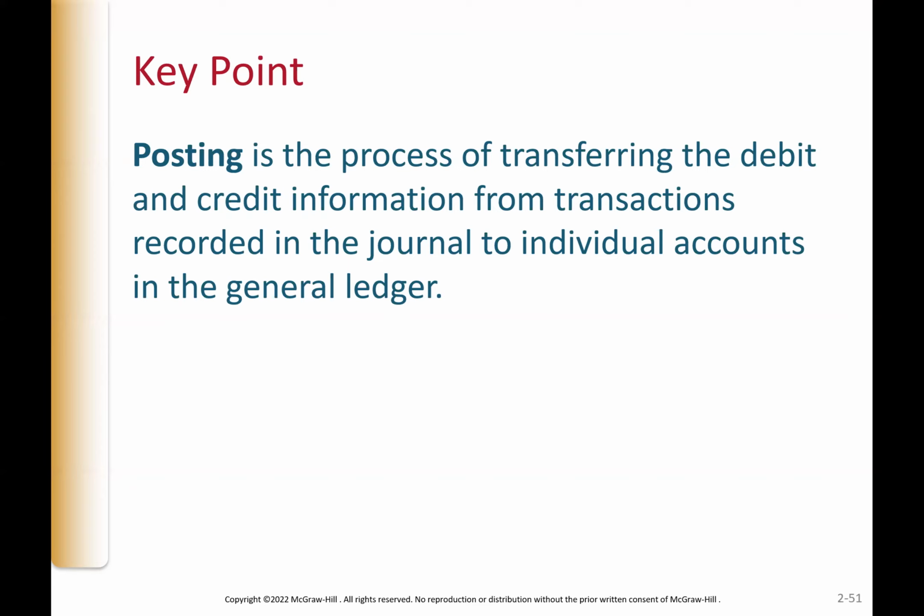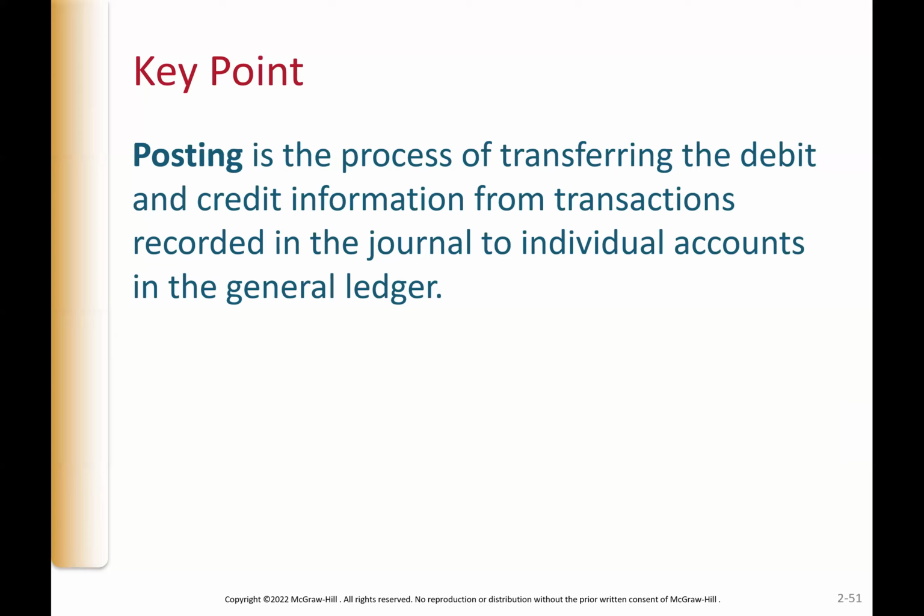Our computer does this, but when you have to do it manually, you post the process of then transferring the debits and credits into the individual accounts. Now, thank God for software, but do you guys know the first couple years that I was in the accounting profession, I truly had a book. It was literally a general ledger.